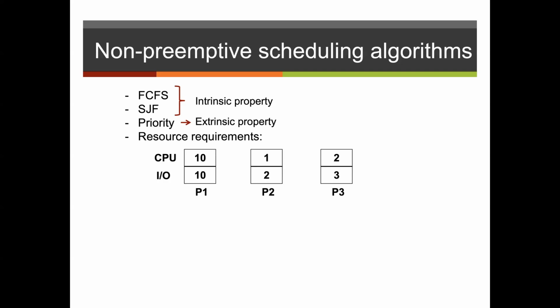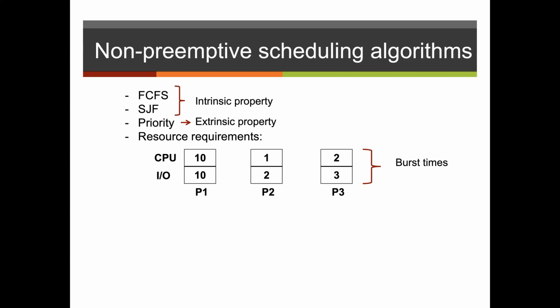And so when you are evaluating or utilizing the scheduling algorithms, you want to keep in mind appropriate resource requirements related to each process. Here we want to consider both the CPU and IO burst times for each of these processes. For P1, we see it has a CPU burst time of 10 and IO of 10. P2, CPU burst time of 1 and IO burst time of 2.